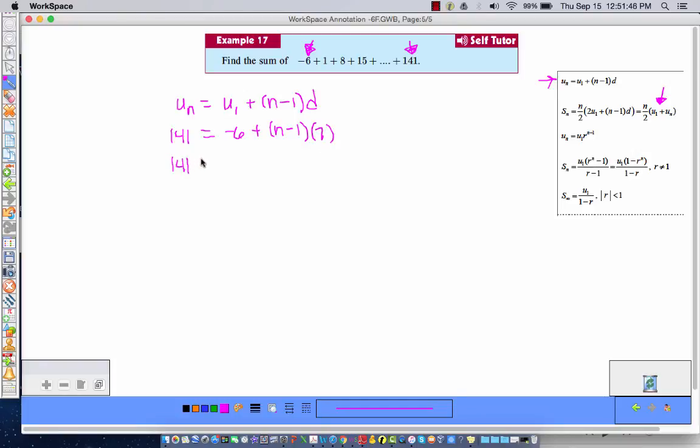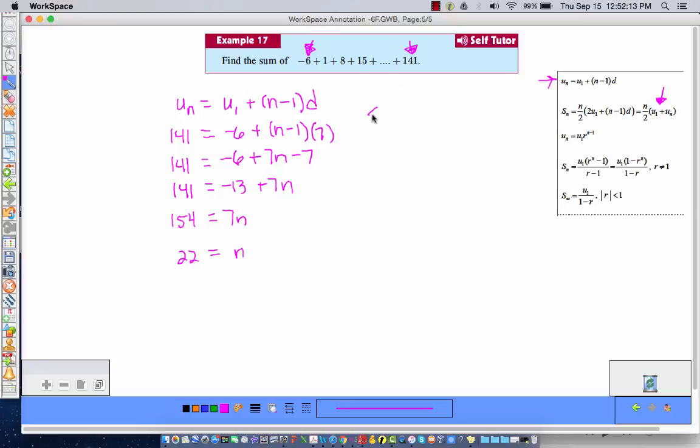So 141 equals -6 plus 7n minus 7. 141 equals -13 plus 7n. I add 13 to both sides, I get 154 is equal to 7n. So n is going to be equal to 22. So there's 22 terms in that sequence.